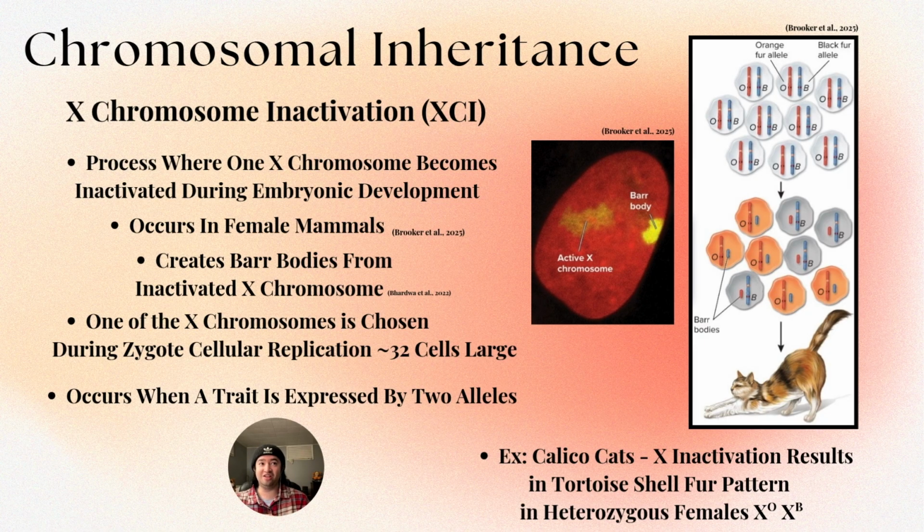So the orange fur coat gene will turn into a bar body, allowing the black fur chromosome to be expressed. As you can see in this cute cat, where it has orange and black fur patches.